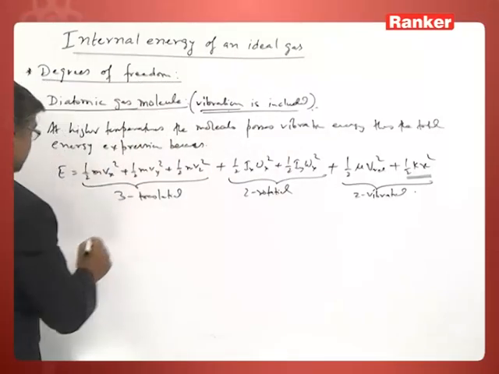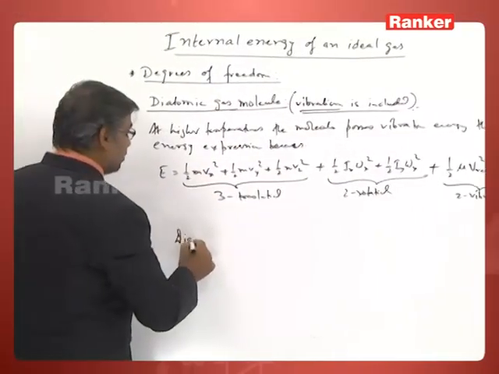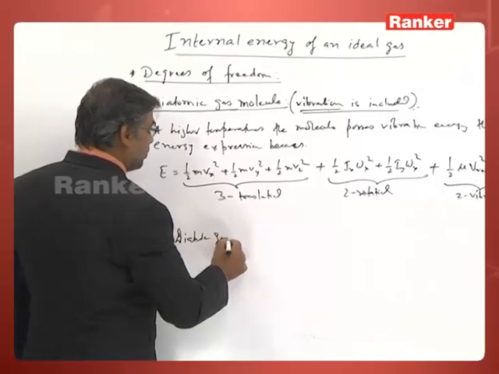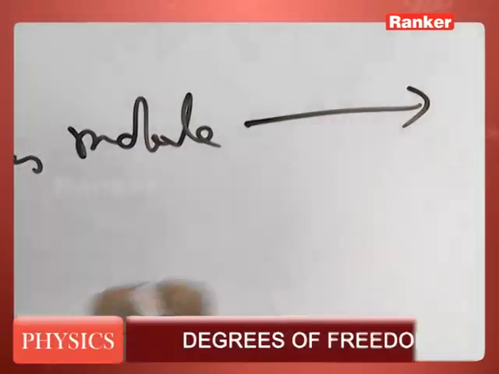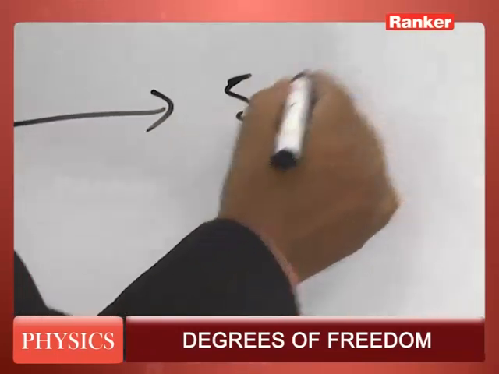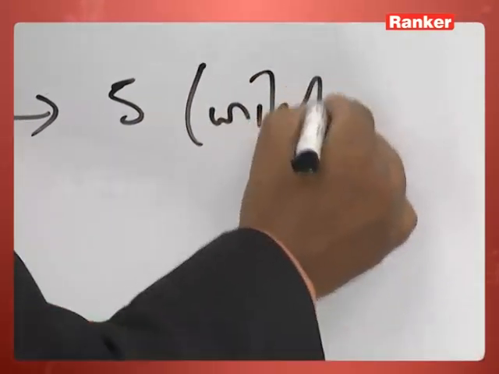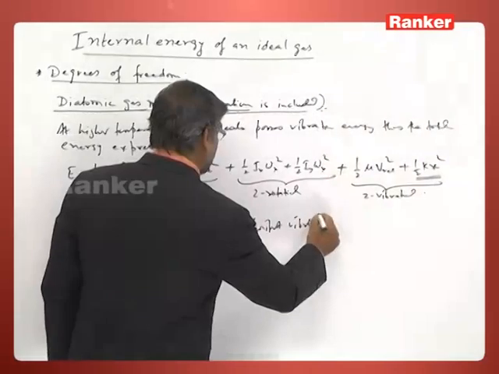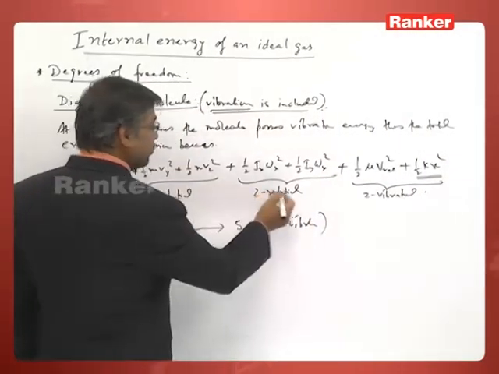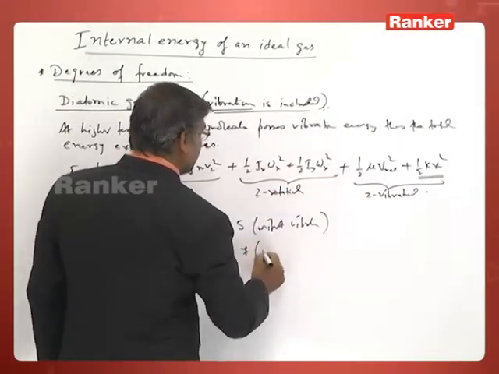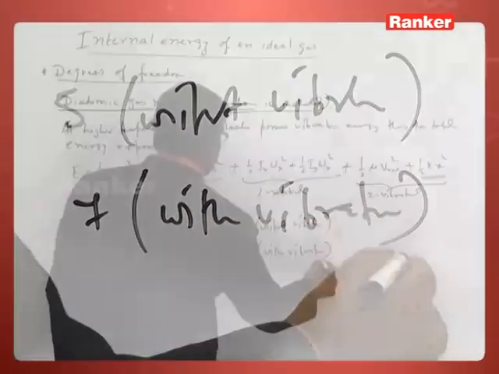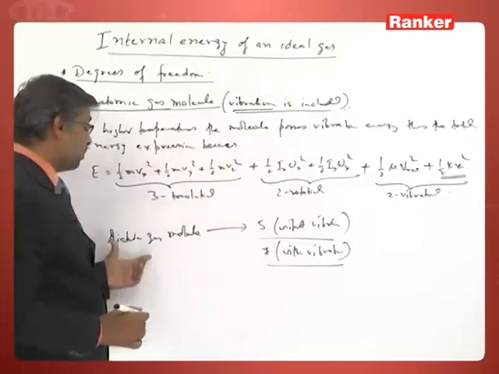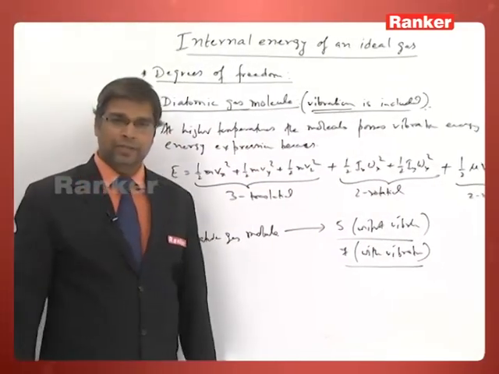Thus, a diatomic gas molecule will have 5 without vibration, and will have 3 plus 2 plus 2, that is 7, with vibration. So, this is the degrees of freedom of a diatomic gas molecule.